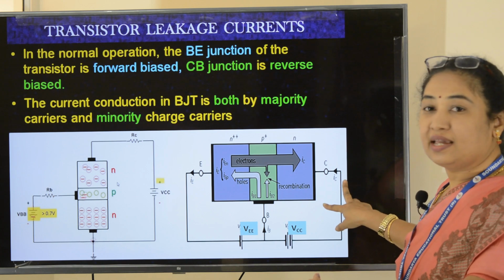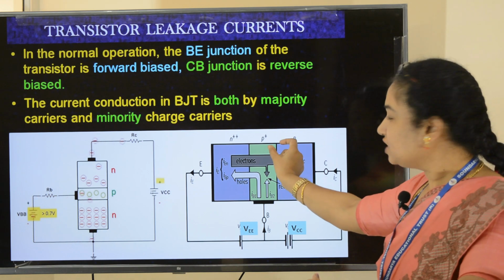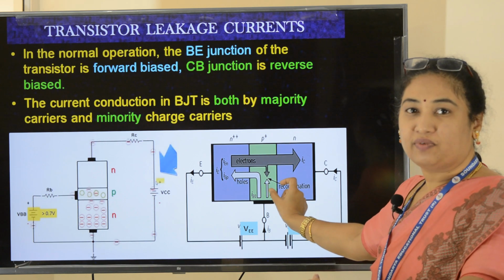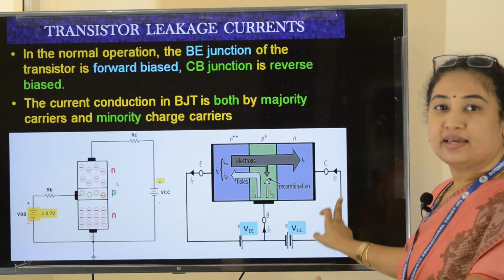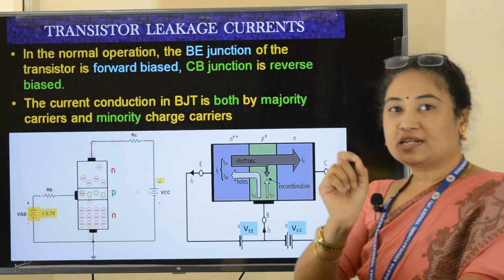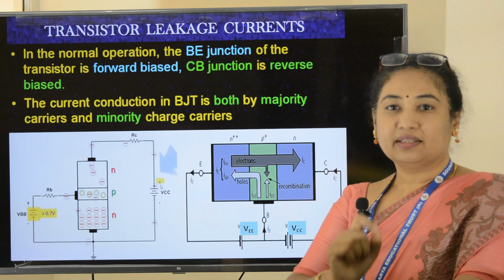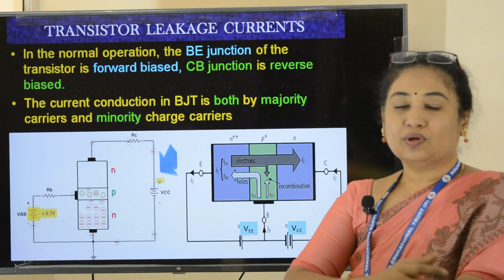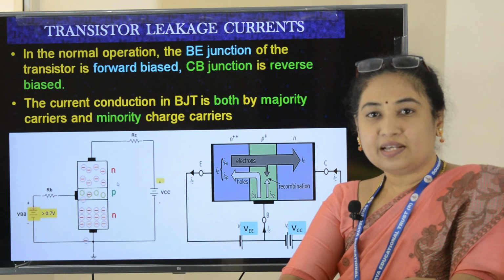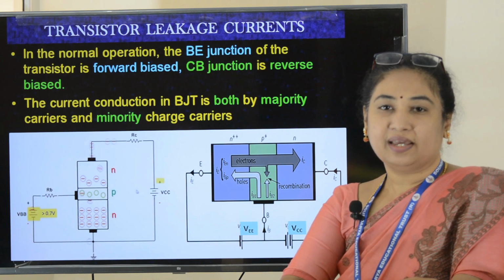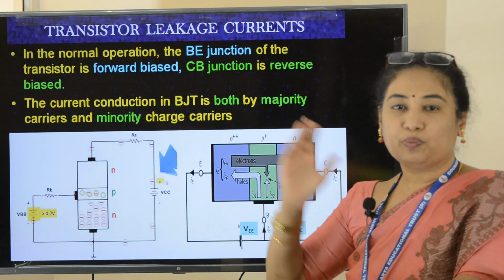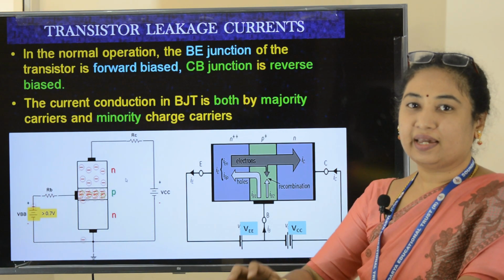So when this is reverse biased, the depletion region widens here, and as we go on increasing the output voltage, the charges inside the depletion region start to increase. Those charges are called minority charges. This gives rise to a current called leakage current. So the discussion of today's lecture would be the different types of leakage current.